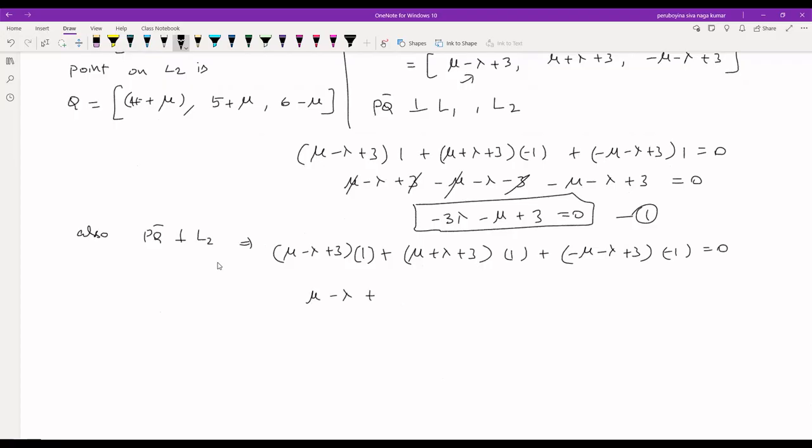So mu minus lambda plus 3 plus mu plus lambda plus 3 plus mu plus lambda minus 3 equal to 0. Plus 3 minus 3 cancel. Minus lambda plus lambda cancel. Mu, mu, mu, so 3 mu, and lambda cancel. So only plus 3 left.